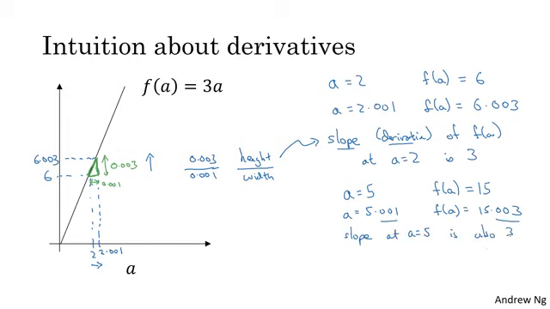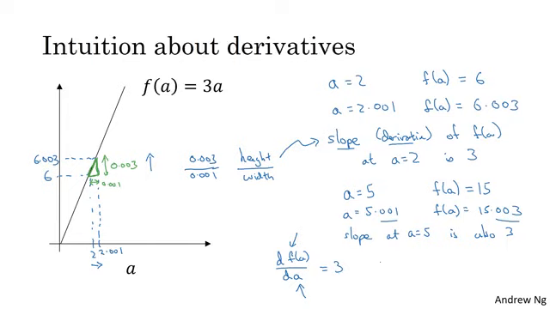So the way we write that the slope of the function f is equal to 3, we say d f of a d a, and this just means the slope of the function f of a when you nudge the variable a a tiny little amount. This is equal to 3. An alternative way to write this derivative formula is as follows.